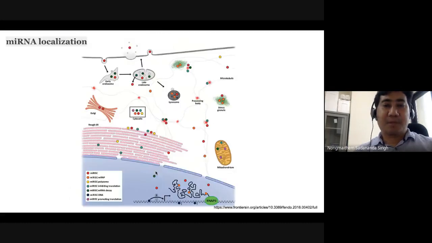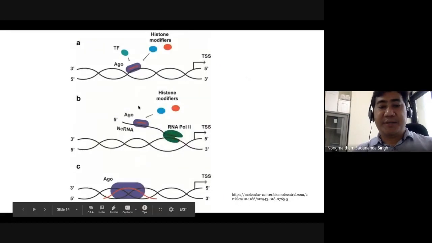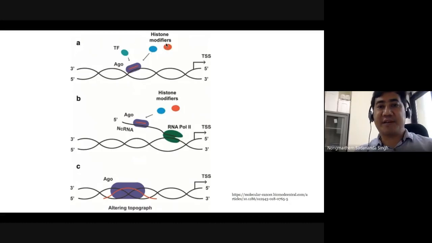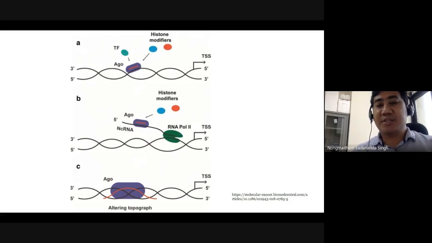Third, rather than using direct complementarity to the genomic region and recruiting transcription factors or histone modifiers, it can also form a complex with the target site in such a way that it changes the structure.